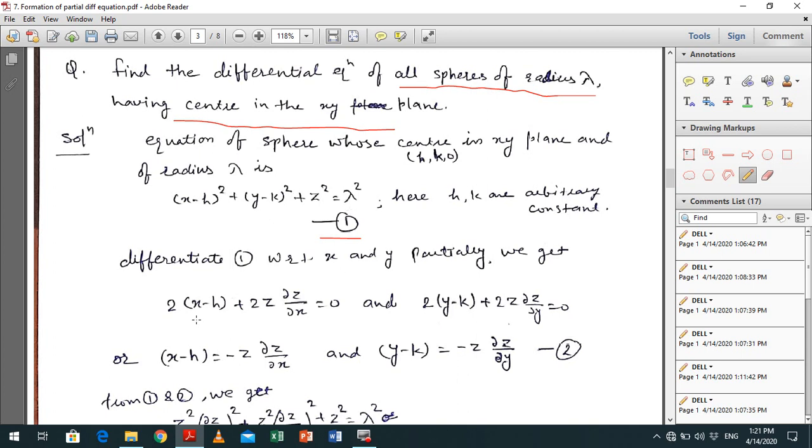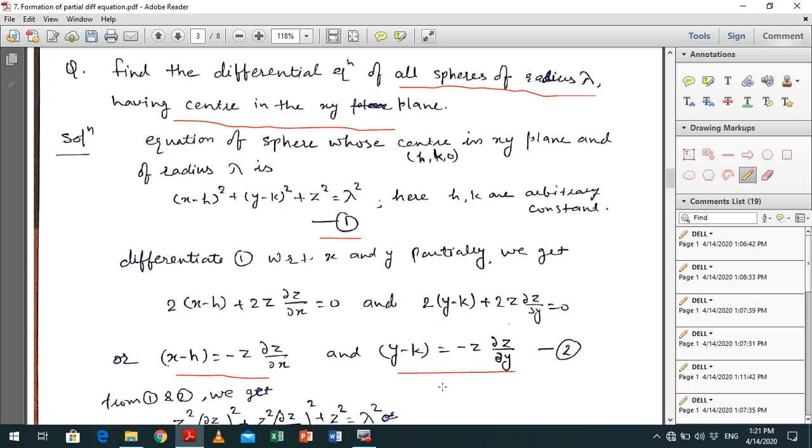So twice x minus h plus twice z del z upon del x equals 0, or we can write x minus h equals minus z del z upon del x. Now when we differentiate 1 with respect to y partially, we get 0, then twice y minus k plus twice z del z upon del y, as z is a function of y also, equals 0. So we get y minus k equals minus z del z upon del y.